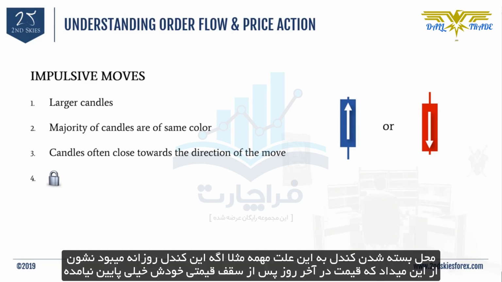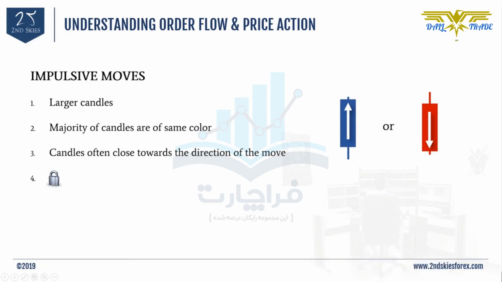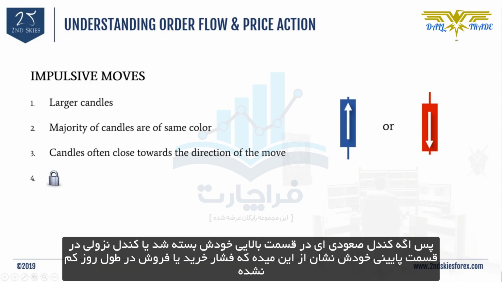The close of the candle indicates, if this is a daily candle, that the market really didn't push back from the highs of the day. The market opened, went a little bit down, found buying pressure, reached a little bit higher here, and then closed near the highs. Closing near the highs on a bullish candle, or near the lows on a bearish candle, indicates that the buying pressure really didn't let up a whole lot going into the close of that candle.